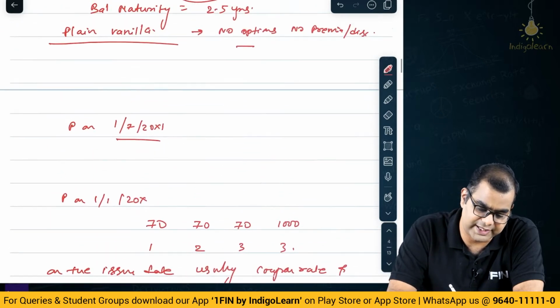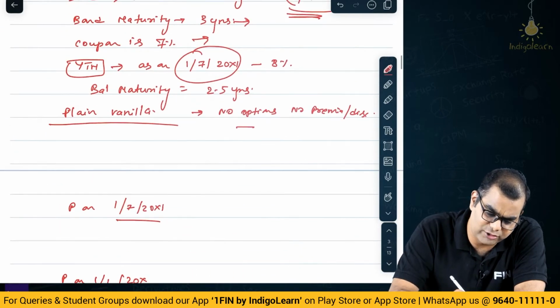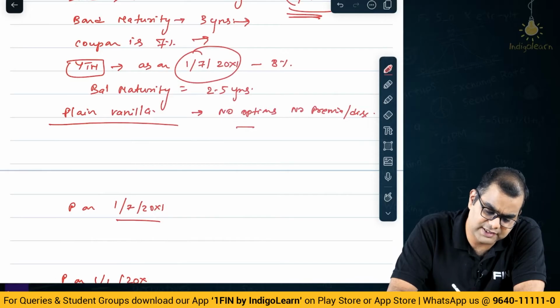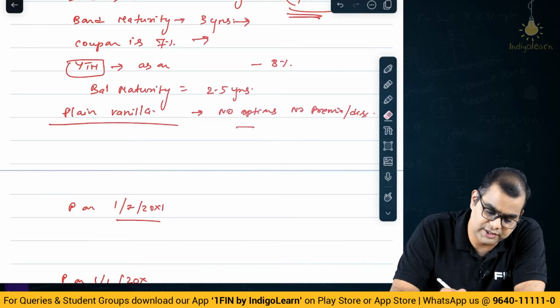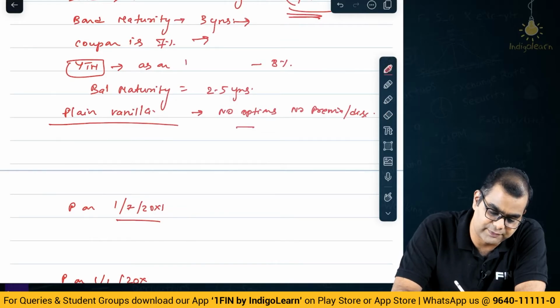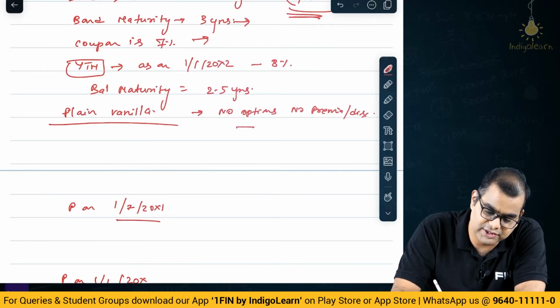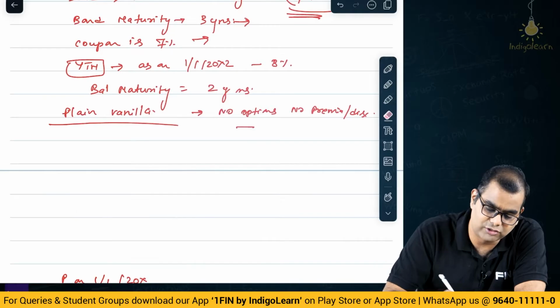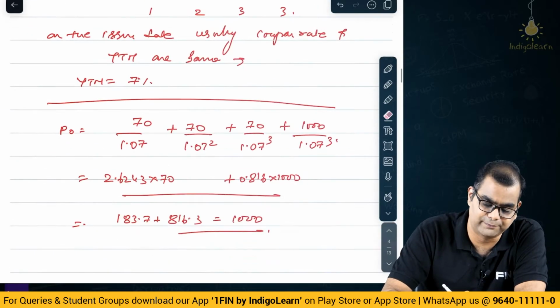Now, coming back to our second case, and here I would like to make a small change. Instead of pricing the bond on 1.7, I will slightly change it to pricing the bond at the end of first year, 1/1/20x2. So, balance maturity is 2 years, and we are supposed to find out now the price after 1 year.